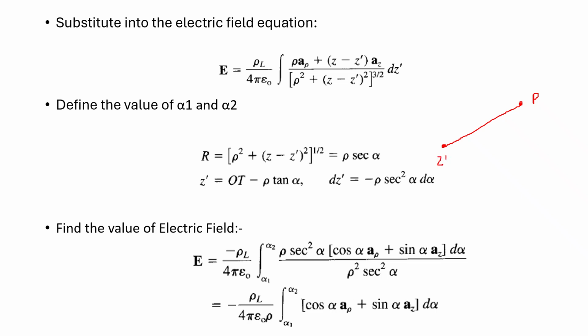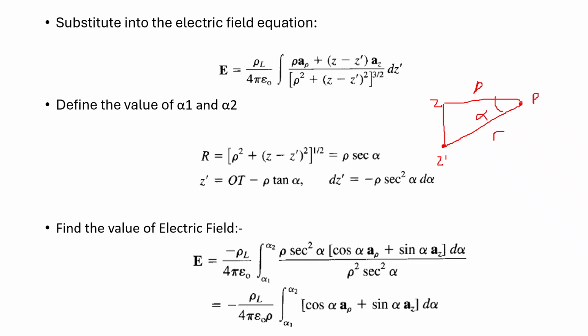At the top here, it forms the radius. From z to P we have rho. Then z to z prime is connected by the z axis. Then z prime to point P is given by R. And we have the angle alpha here.